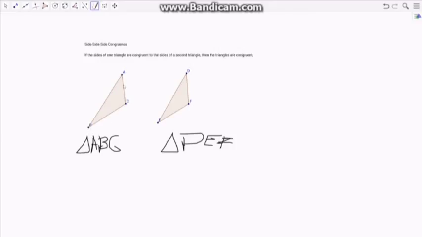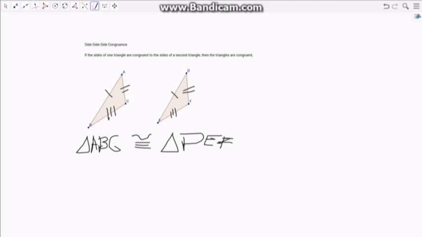If side AB is congruent to side DE, side AC is congruent to side DF, and side BC is congruent to side EF, that means triangle ABC and triangle DEF are congruent.